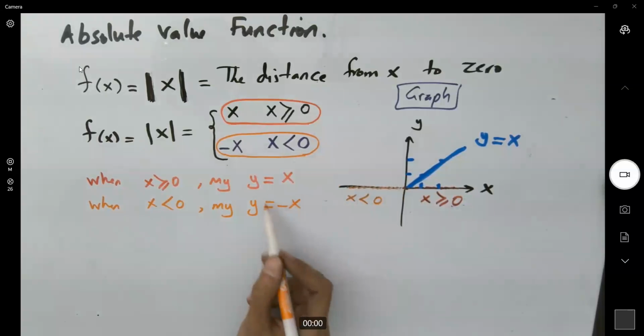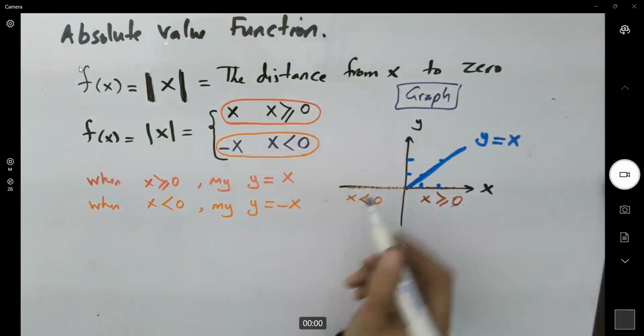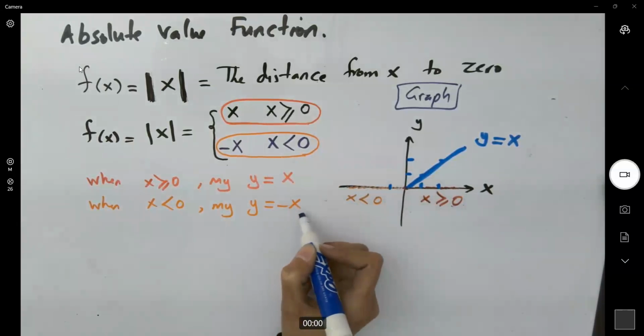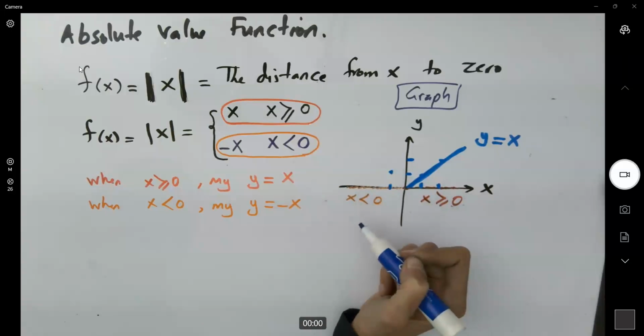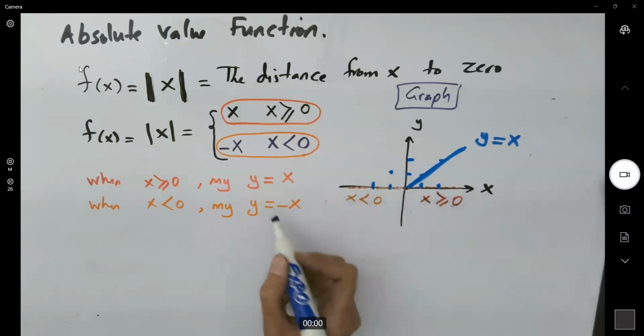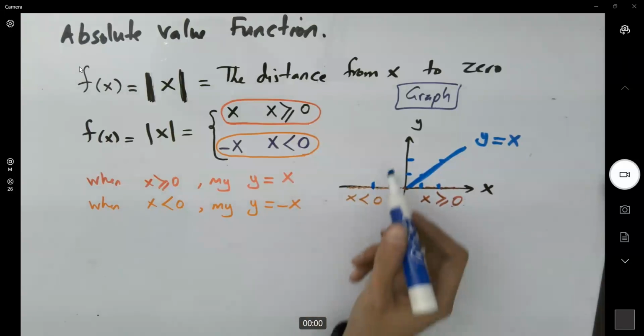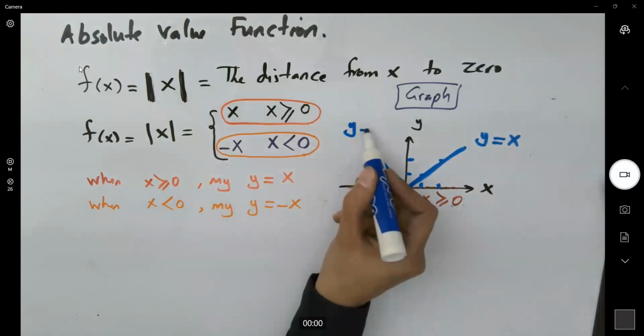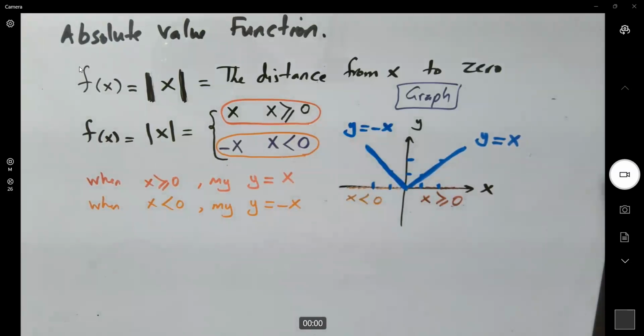You have a decreasing line. If I take x to be -1, negative times negative gives me +1. If x is -2, negative times negative gives +2. So I get a V-shaped graph: y equals minus x.